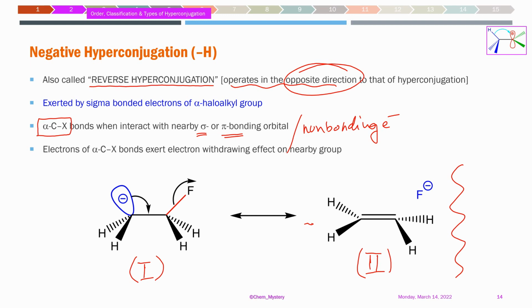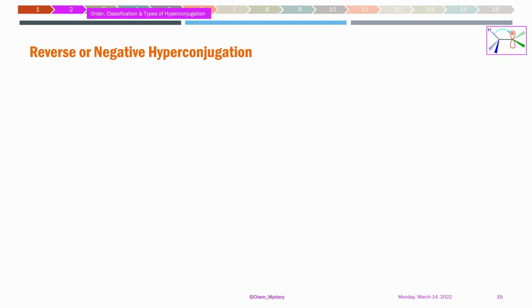The orbital shown here is the sigma star antibonding molecular orbital. The sigma star is empty, and the electrons which were present in this carbon double bond are basically delocalized. That chlorine is pulling them; that electron withdrawing effect is considered negative or reverse hyperconjugation, the minus H effect we can say.